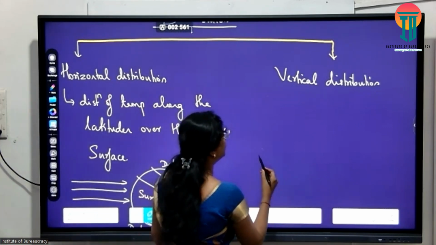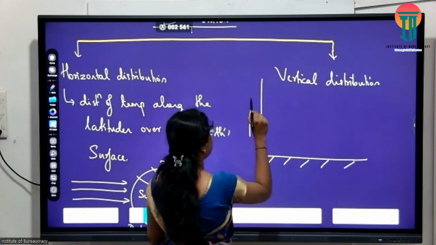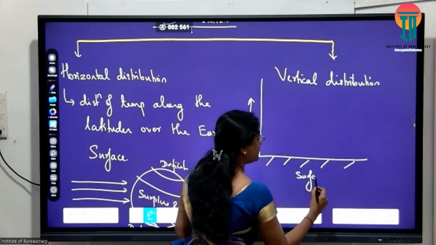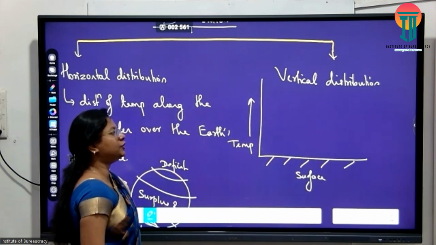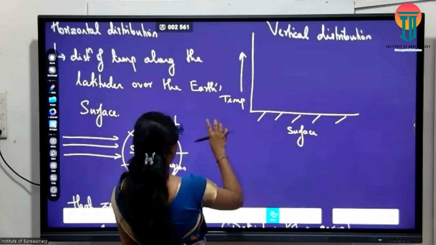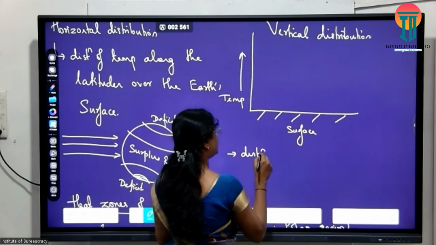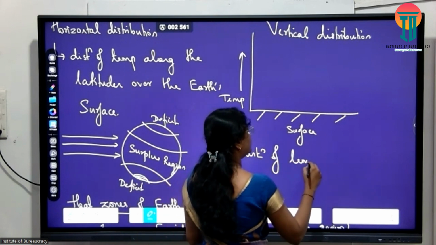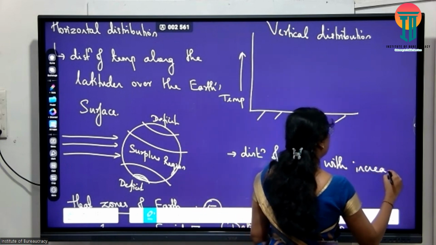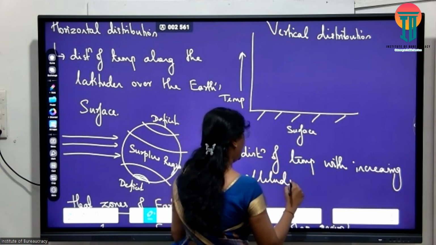Vertical Earth surface measure pandra madriyana aspect. So, what happens to my vertical distribution? Vertical distribution by definition is nothing but the distribution of temperature with the increasing altitude.